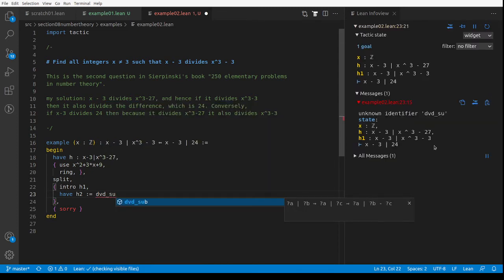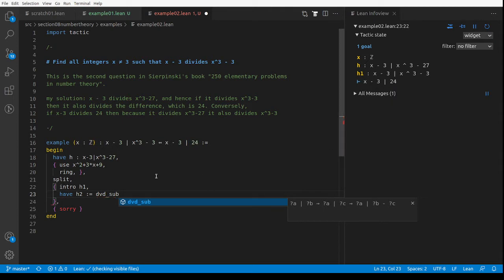Yes, indeed, it's called dvd_sub. dvd_sub says if a divides b and a divides c, then a divides b minus c. So this slash symbol is called dvd in Lean, and the names of the theorems about this symbol will mention dvd in the title.